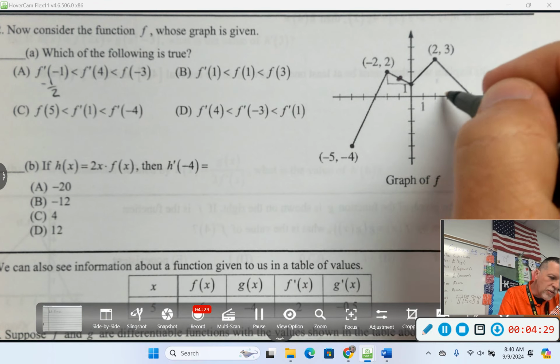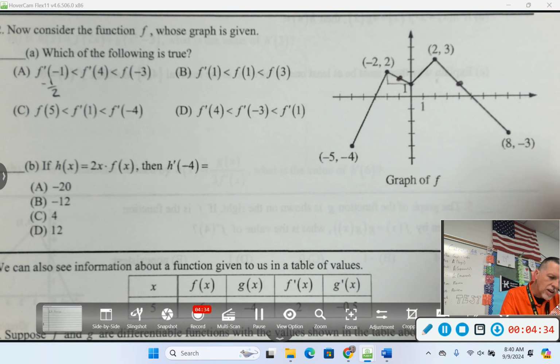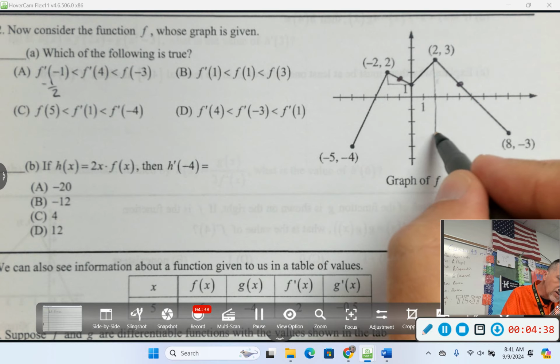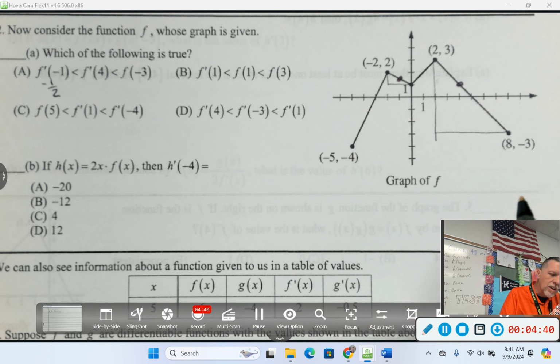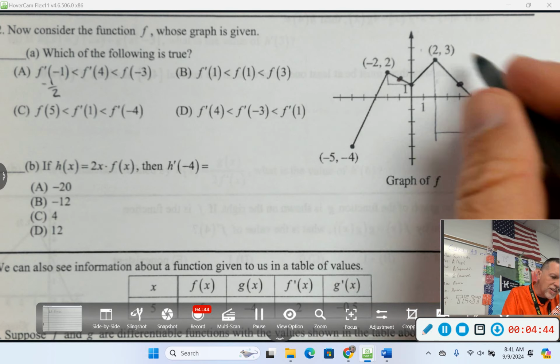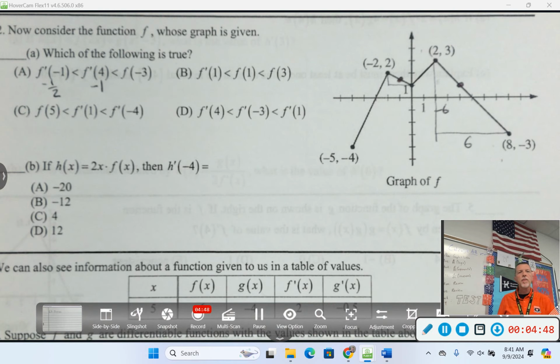F prime at 4. 2, 3, 4 would be right there. That one's a little bit harder. But you look at your x value changed by 6, your y value changed by negative 6, so that's negative 1. And so part A is already out, right? Negative 1/2 is not less than negative 1.